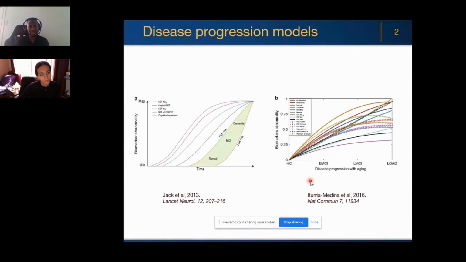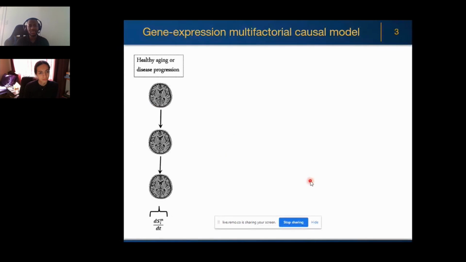Because of this, what we did in our model was to look at gene expression data and also a couple of neuroimaging modalities, and see how these factors or processes interact in driving aging or disease progression. When I say macroscopic factor, I'm looking at the neuroimaging modalities separate from the gene expression.